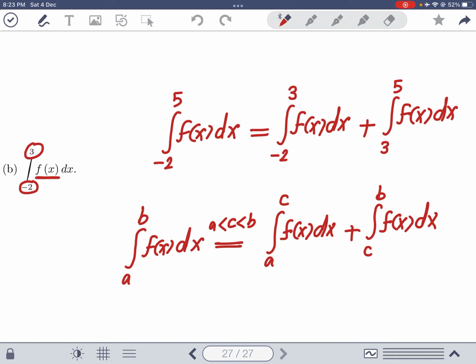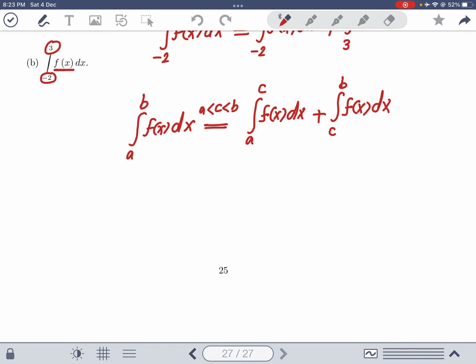This is actually true in general, even if c is not between a and b, but you need to understand what it means to reverse an integral. You need to accept that when you write something from a to b of f of x dx, this is the same as going from b to a but with a negative sign.